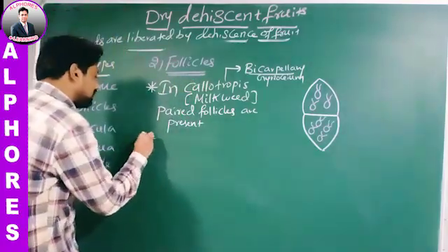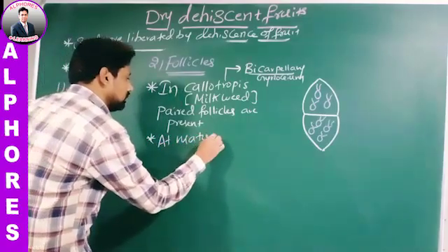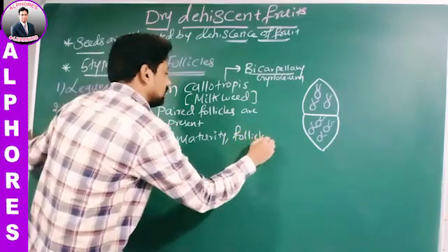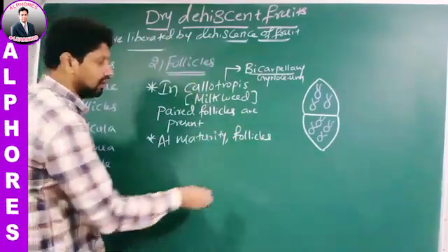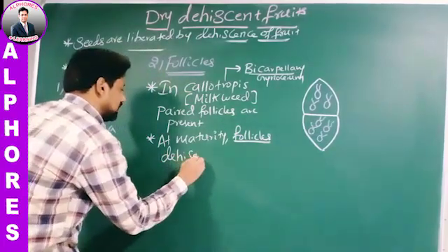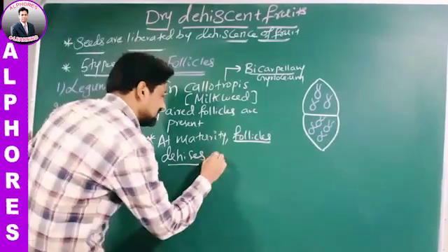Therefore, at maturity, follicles, which are dry dehiscent fruit, have to dehisce. How?